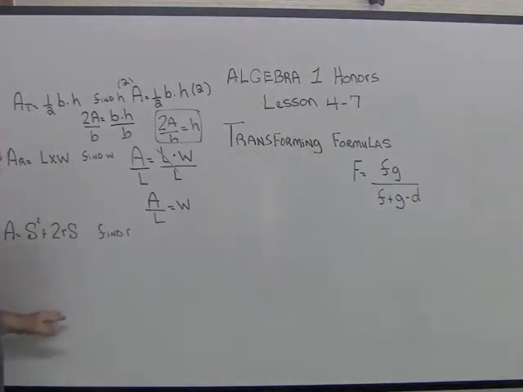Now we come down here and we get a little bit more difficult, but we use the same exact method. In this case, we want to have R. But you see R is sandwiched in between 2 and an S. Well, we always do the same thing. We want to get anything that has R in it, any term that has R in it, on one side, and everybody else on the other.